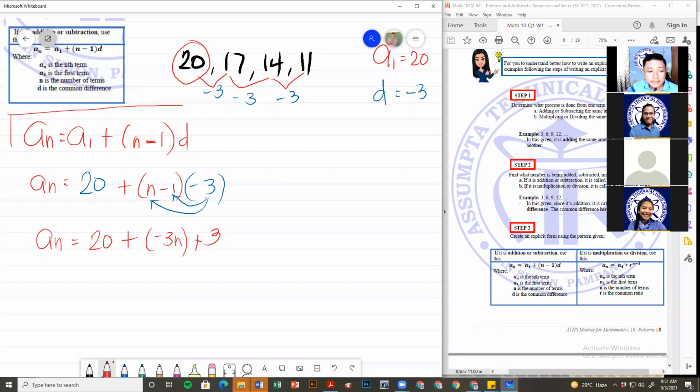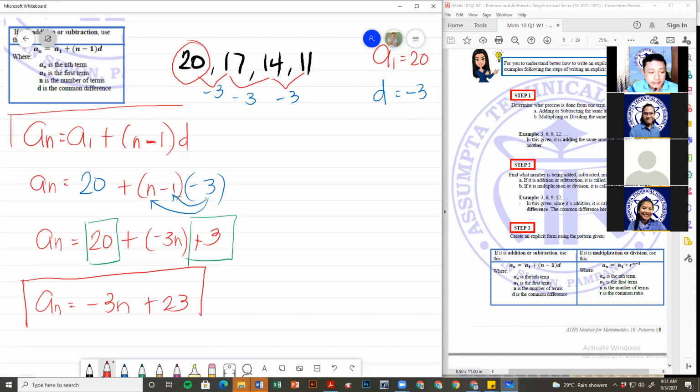Tapos, combine like terms. 20 and +3 are both constants. So therefore, a sub n is equal to, we will always start with the ones with the variable, -3n. 20 plus 3, that's plus 23. And we got the same formula as Anne Maneja a while ago.